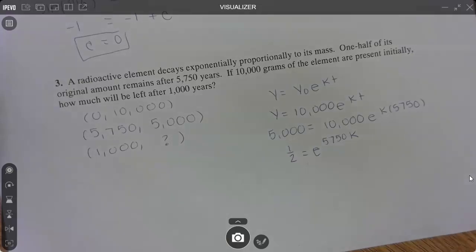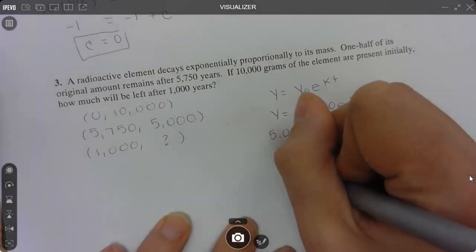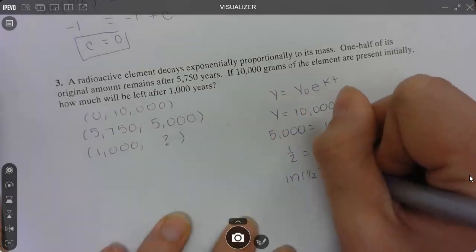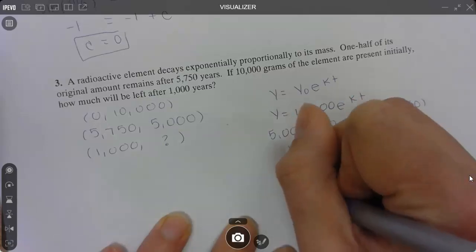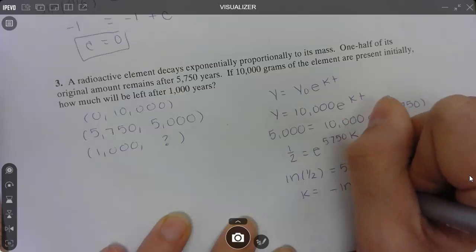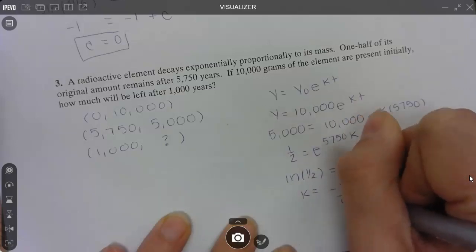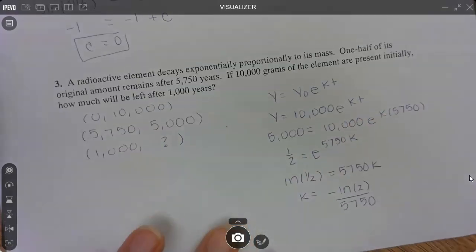So I have 1/2 equals e to the 5750k, taking the ln of both sides. K equals negative natural log of 2 over 5750.